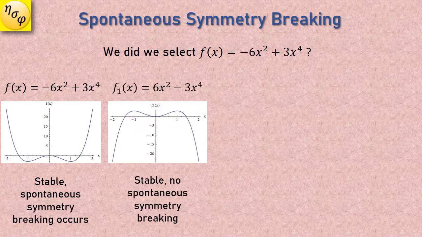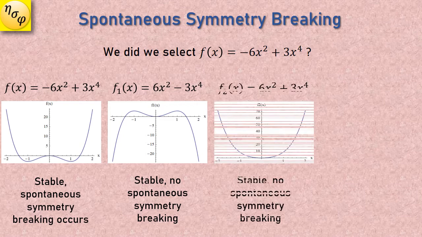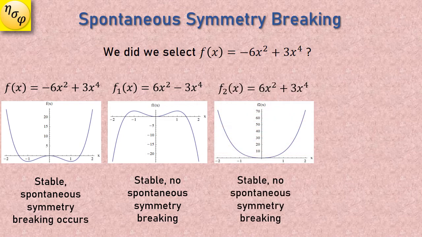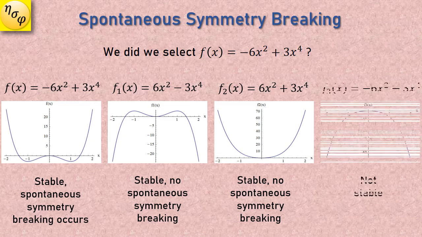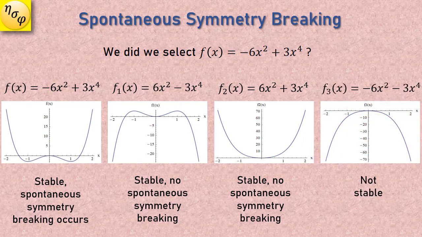The second option is plus and minus, which is also stable, but no spontaneous symmetry breaking. The third option is positive positive, which is stable, but no spontaneous symmetry breaking. And the last option is negative negative, it is not stable.